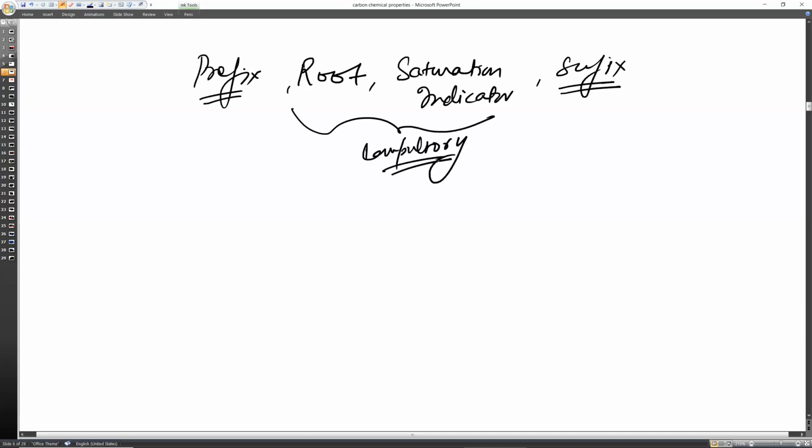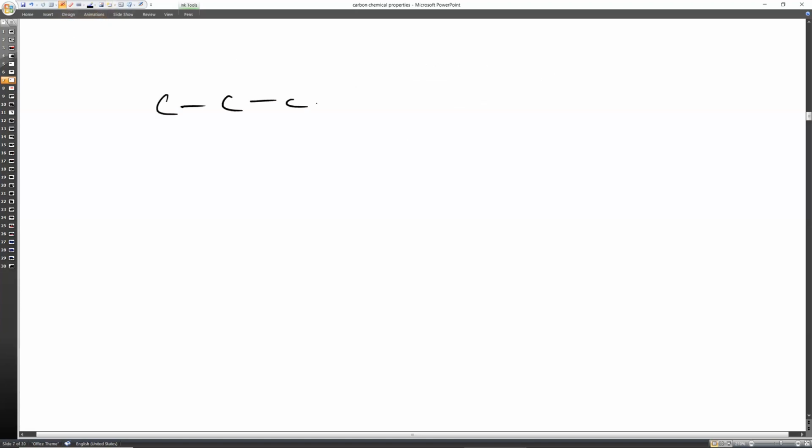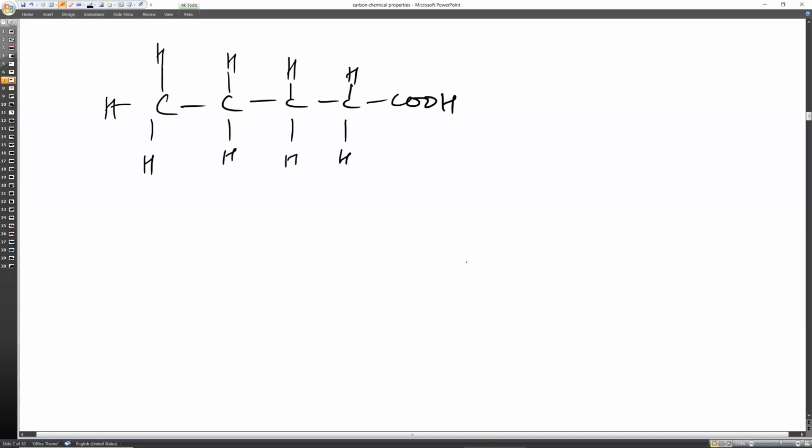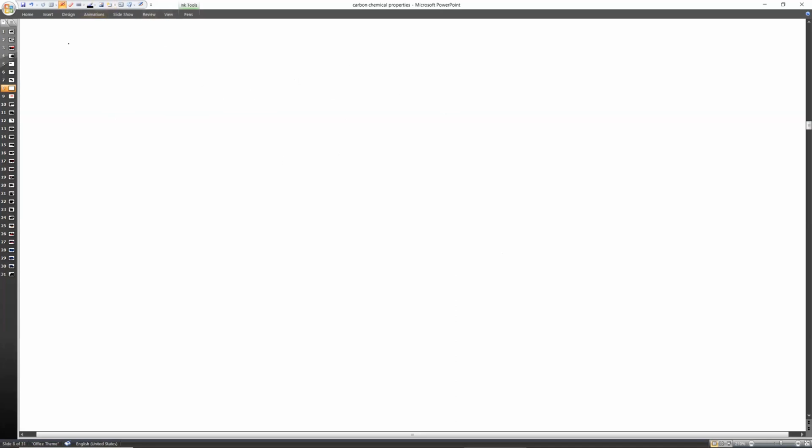For example, if we have a carbon chain like this, and I have this COH group attached to it, and I ask you what should be the name of this compound, we have root words for the number of carbons.